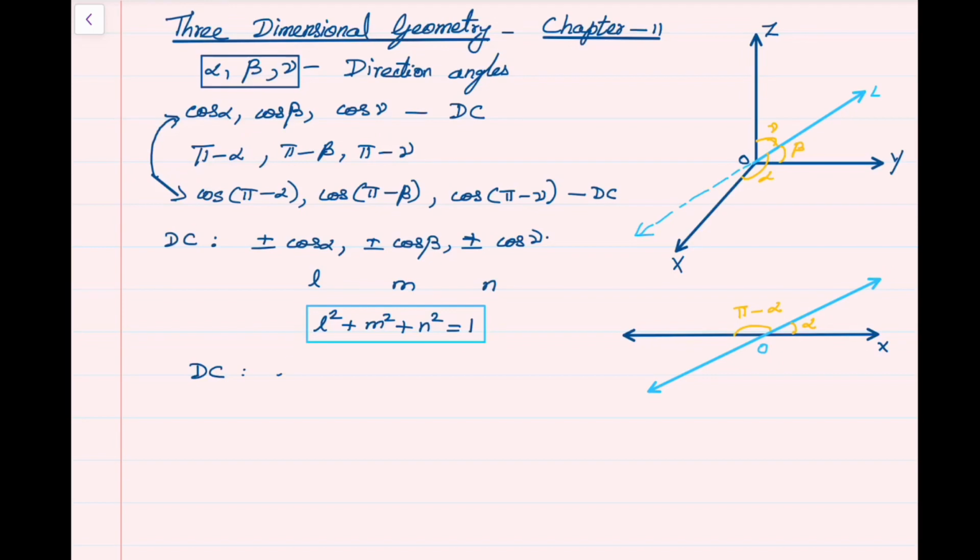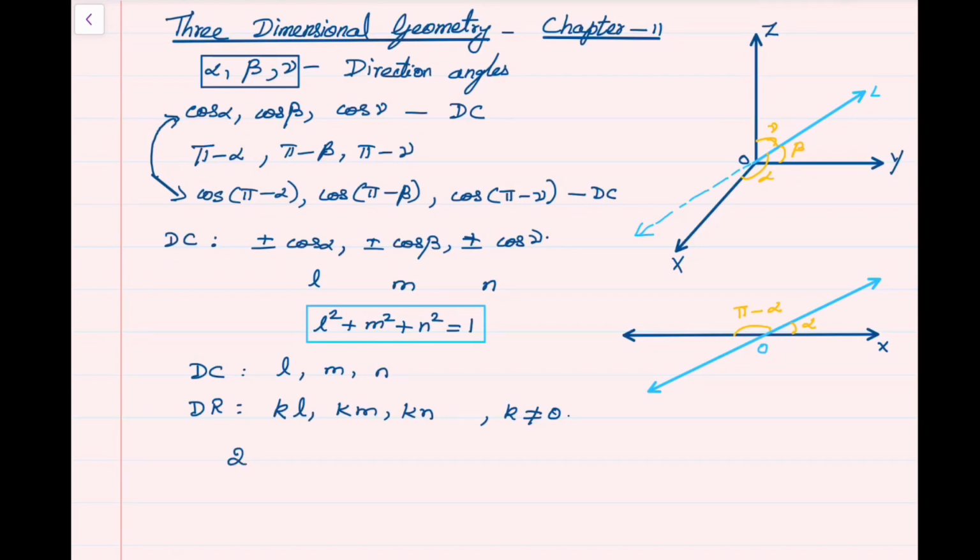Now, if the direction cosines are L, M, N, any three numbers proportional to the direction cosines are called the direction ratios. So, to find the direction ratios, multiply these direction cosines by any non-zero real constant. Therefore, KL, KM, KN will be the direction ratios of that line where K is not equal to 0.